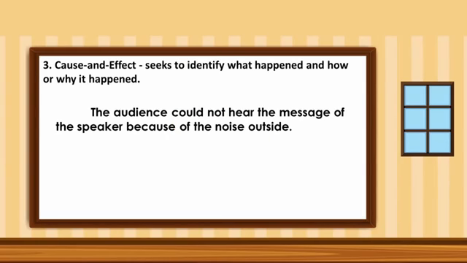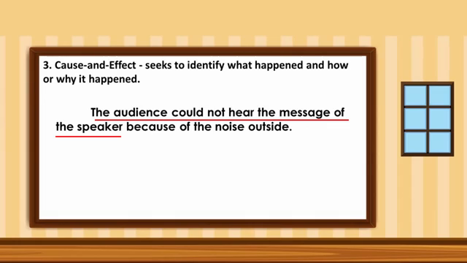The third structure is cause and effect. Cause and effect seeks to identify what happened and how or why it happened. Example: the audience could not hear the message of the speaker because of the noise outside. Now, can you help me identify the effect? Great!